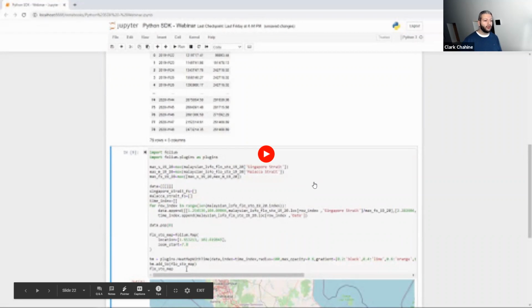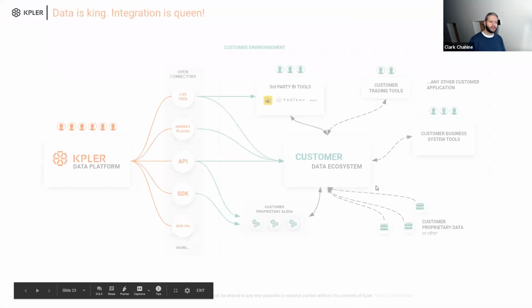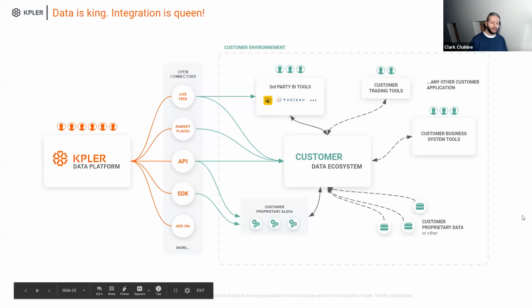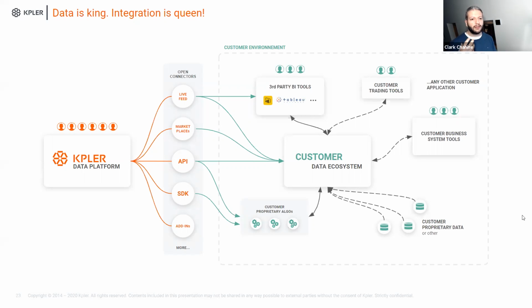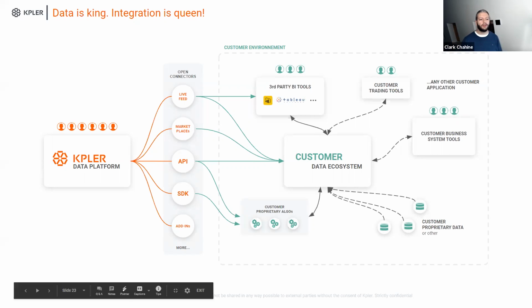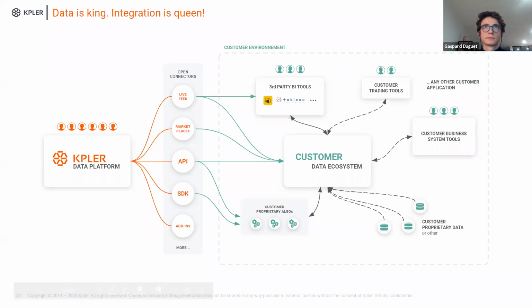So now, to conclude, I'd just like to come back to these pictures. What did we show you? We showed you that, first of all, by understanding the way you work and the way you organize your data and your system, we can best answer your query of integrating Kpler's data into your workflow the way you want, and how you want to derive the information.